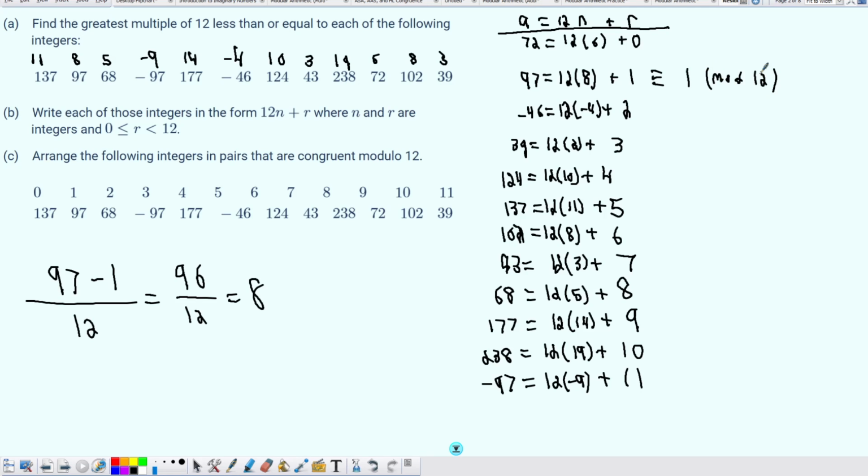And since we have discovered all the remainders, we know the congruences already. So we got that 72 is 0 mod 12, because it's a nice perfect multiple of 12.